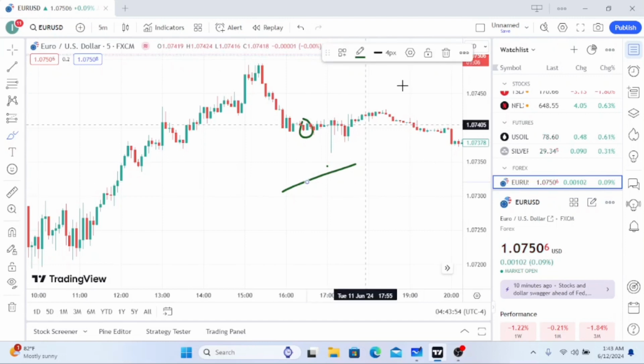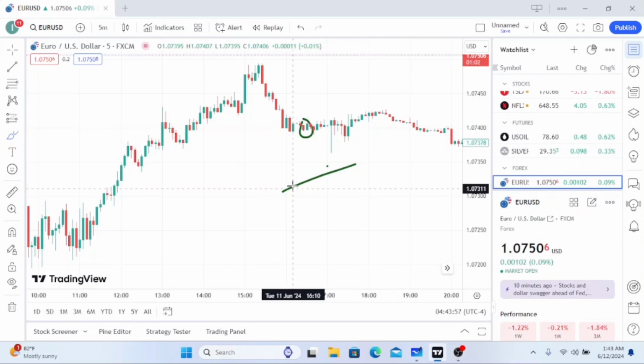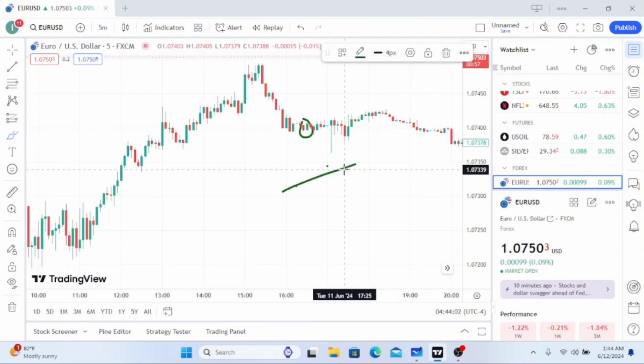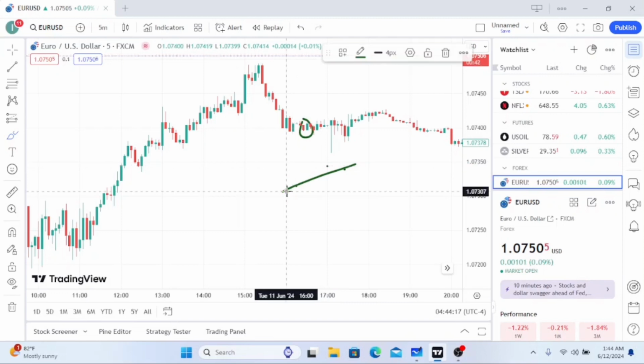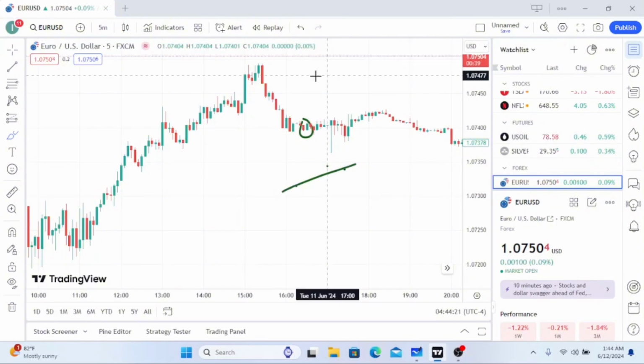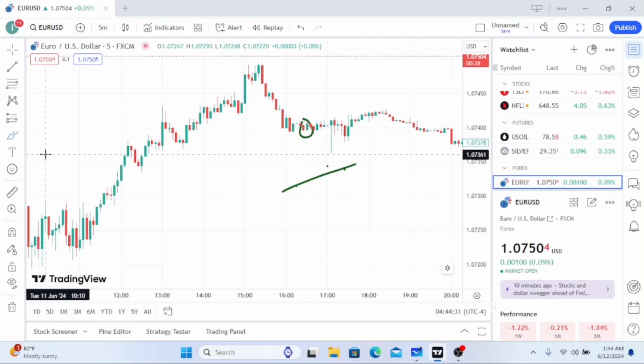I'm trying to get this line off the screen. It's kind of stubborn. Anyway, this is a bullish engulfing candle pattern, and I will show us the bearish engulfing candlestick pattern.